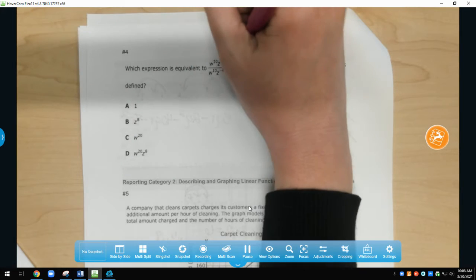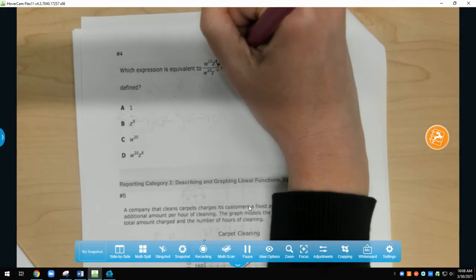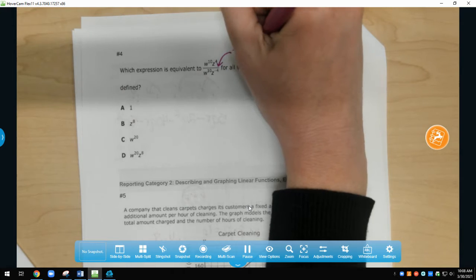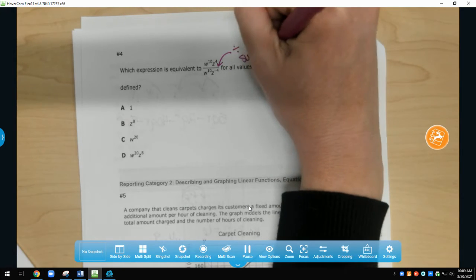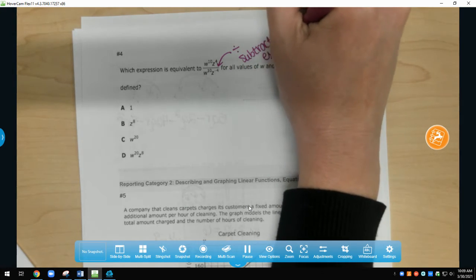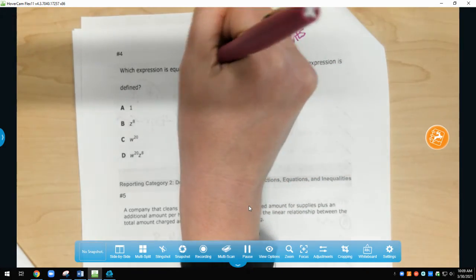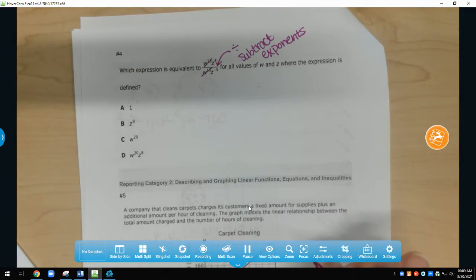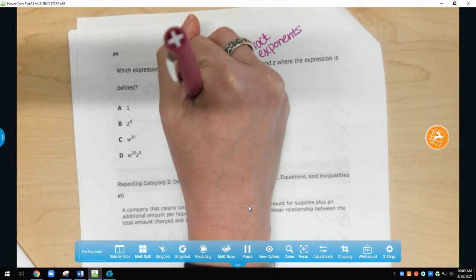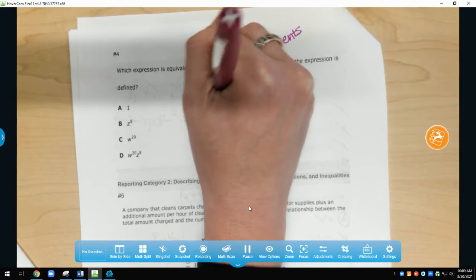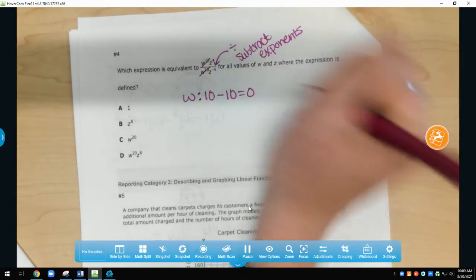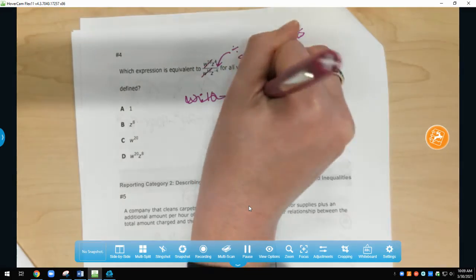Since we are dividing, we subtract the exponents. Okay, so I have W10 on top. I can take that and cancel it because they're exactly the same. If you didn't know that, you would just come over here and we would subtract 10 minus 10, which is 0.